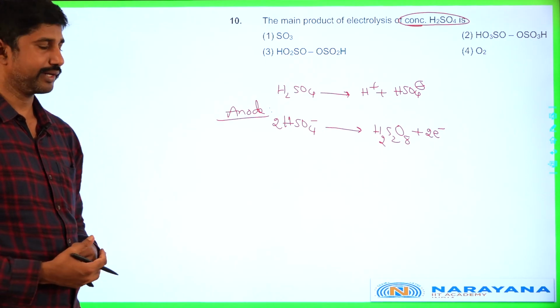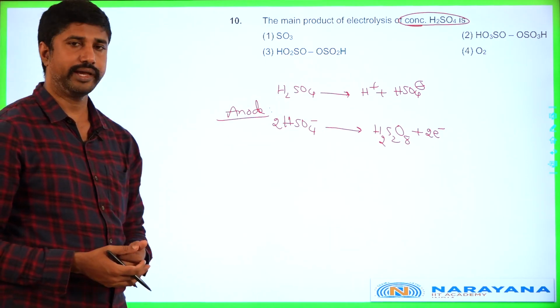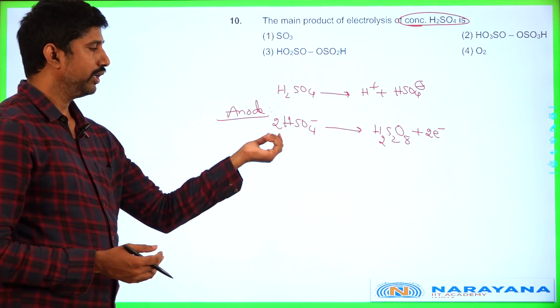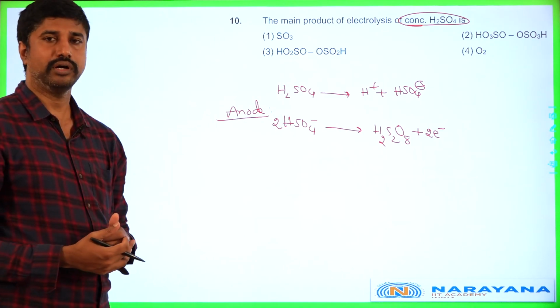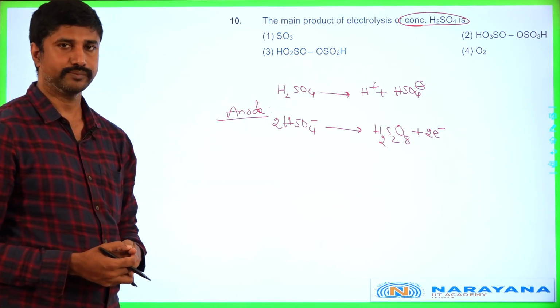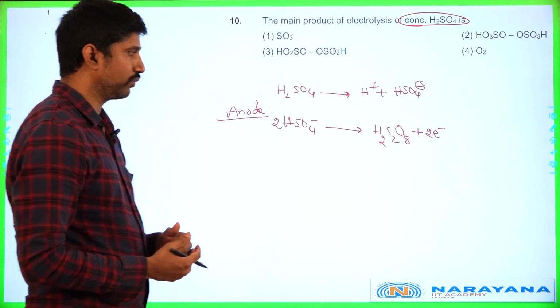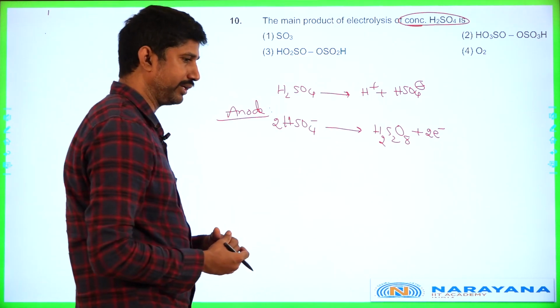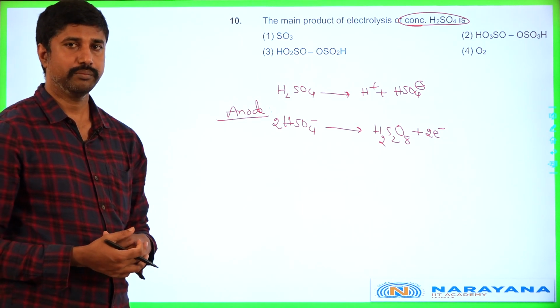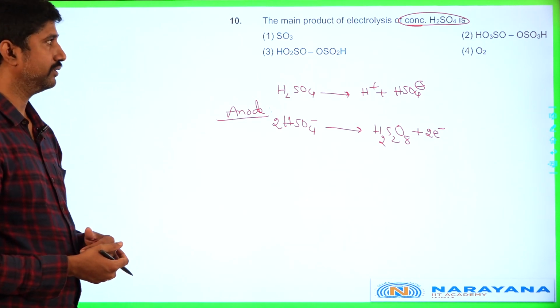Anodic reaction is oxidation, cathodic reaction is reduction. So the oxidation reaction is shown by bisulfate ions if their concentration is sufficiently high. So definitely, in place of OH minus of aqueous solution, HSO4 minus is converting into H2S2O8, peroxydisulfuric acid.